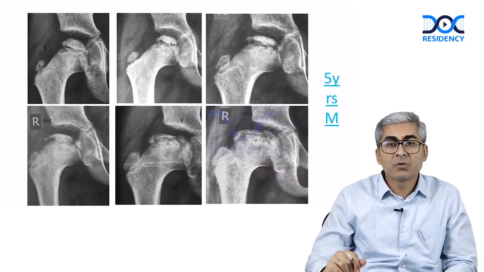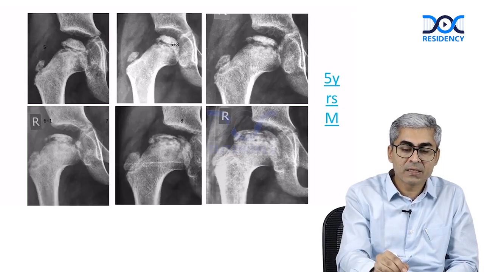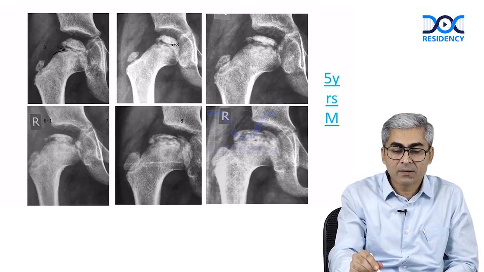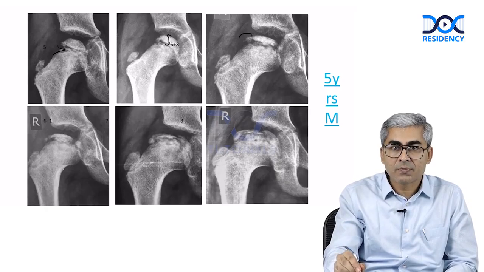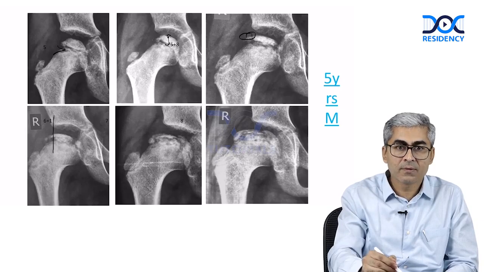So this is a 5-year-old child who has been followed up. What I am mentioning here is the Gage sign. You can see here, that's the lateral translucent V shape. And then slowly the head height has reduced, if you see. And then there is a lateral ossification which is happening. And with that, if you see, the femoral head has subluxed, it has come outside.